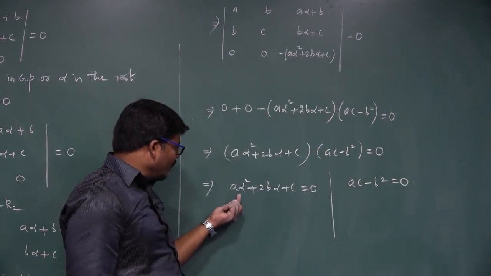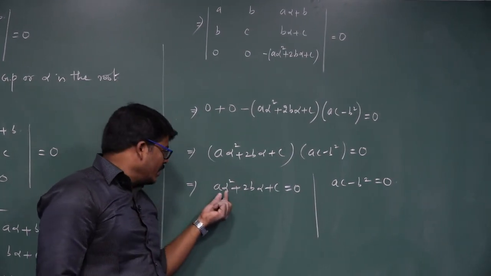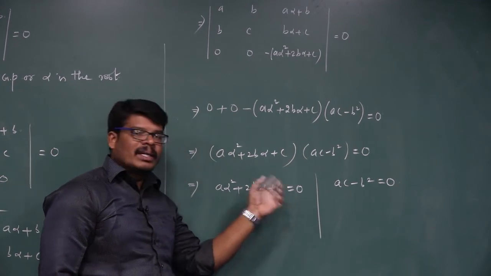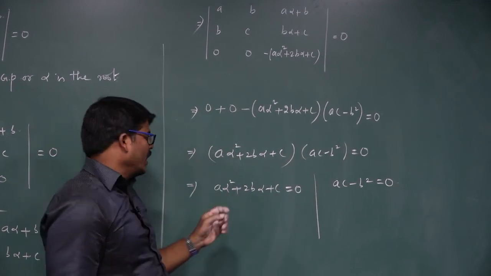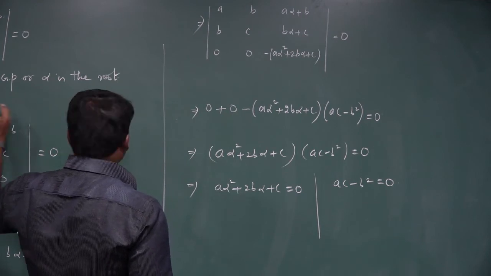First result: A alpha square plus 2B alpha plus C equal to 0, that is AX square plus 2BX plus C equal to 0.